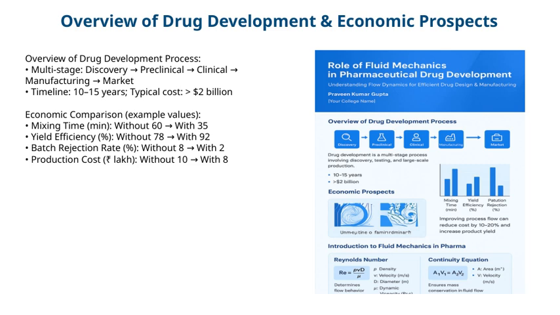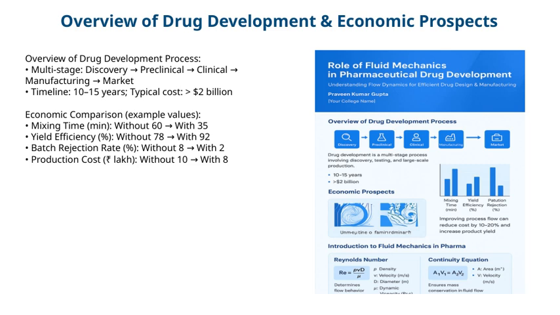Now, when we compare the economic aspects, we see some interesting improvements with newer methods. For example, the mixing time, which is how long it takes to mix ingredients, decreases from about 60 minutes without certain efficiencies to around 35 minutes with them. That's a significant saving in time. Similarly, yield efficiency improves from 78% to 92%, meaning we get more usable product from the same amount of input.